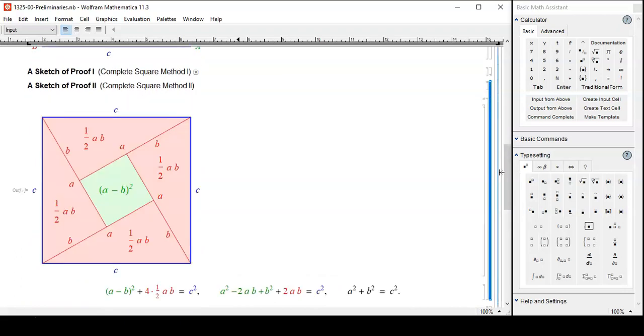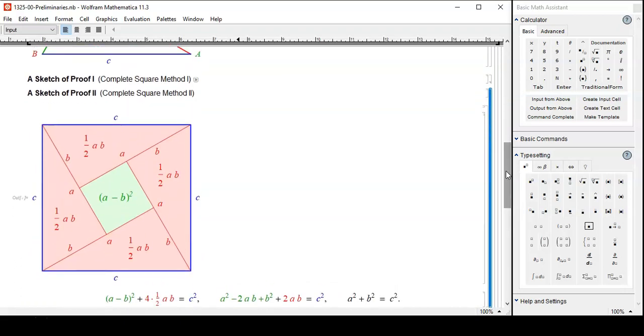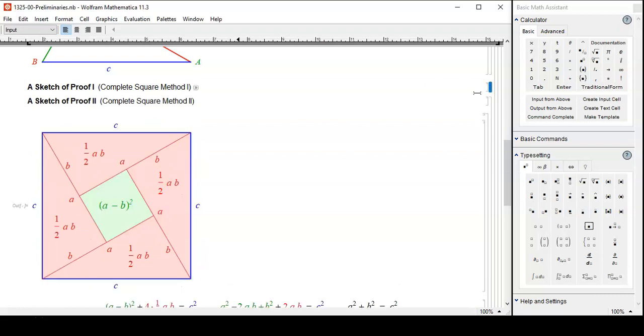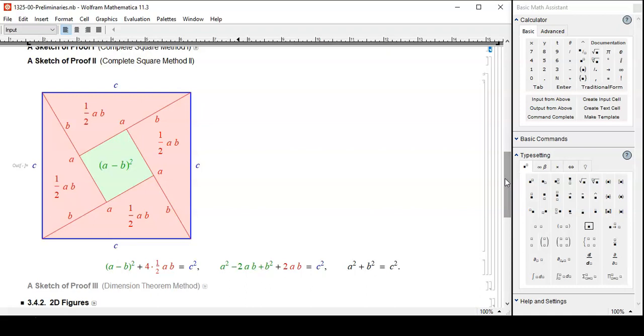Another way to do the same thing, another complete square method, but this time arrange it a little bit differently. This time the big square is given by the hypotenuse, so that's c squared.